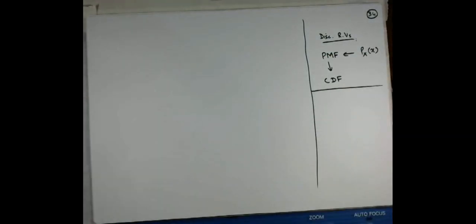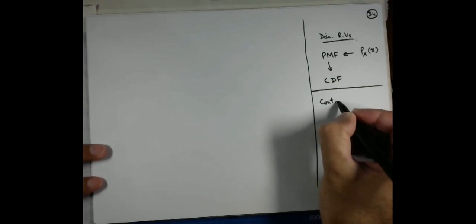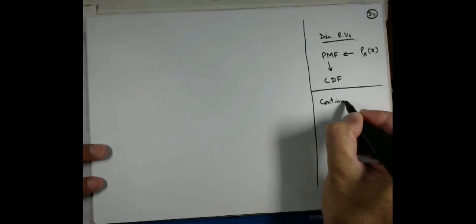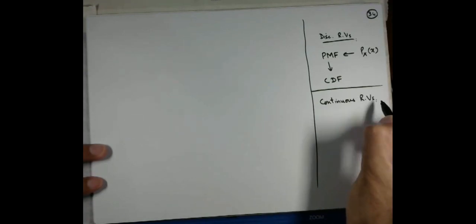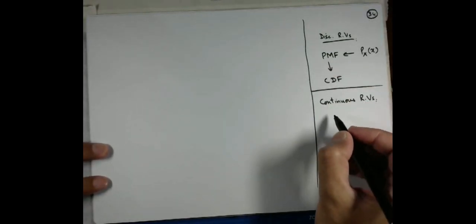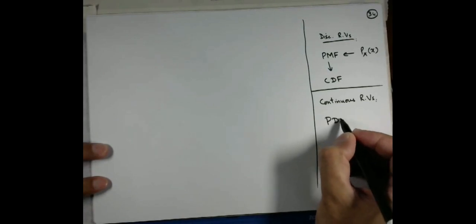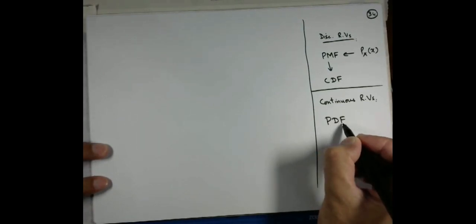This is already known to you, but when we will discuss continuous random variables, the PMF will be changed into PDF, probability density function.